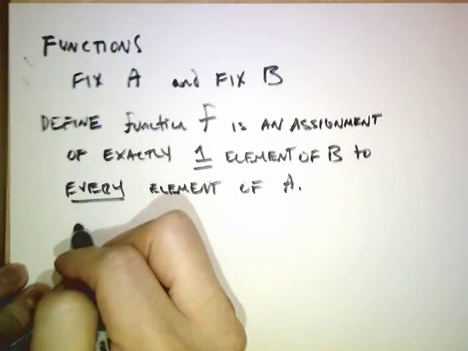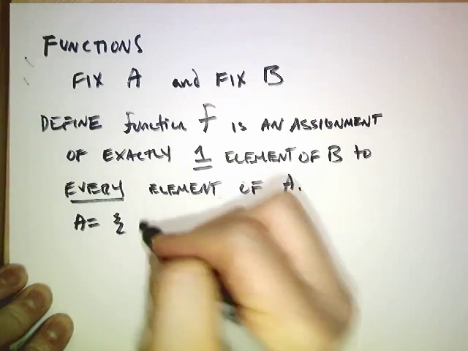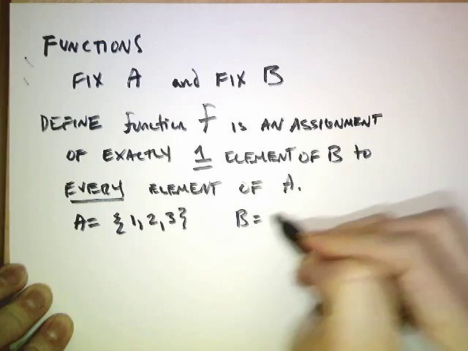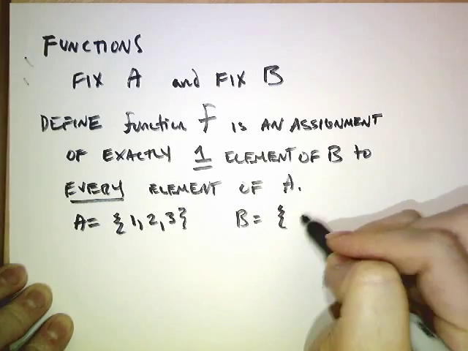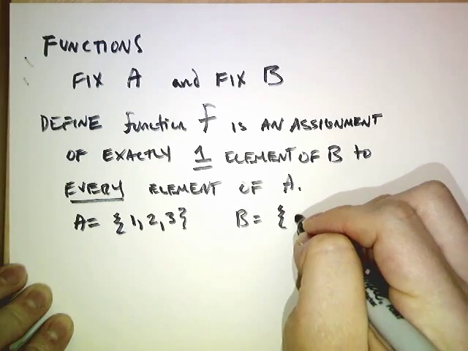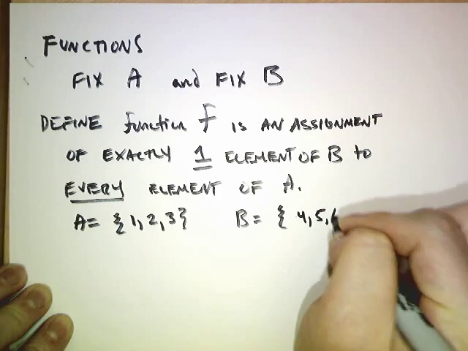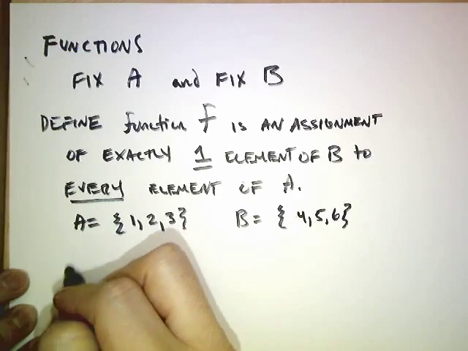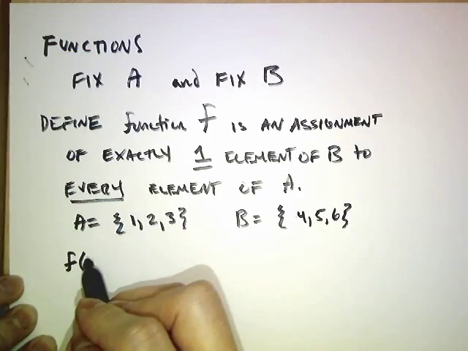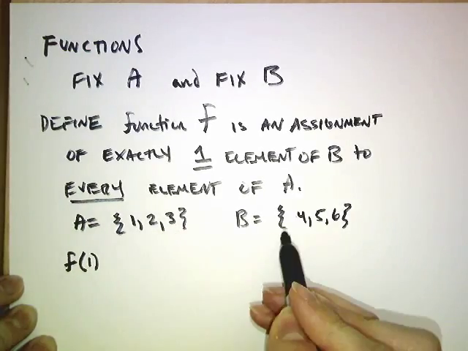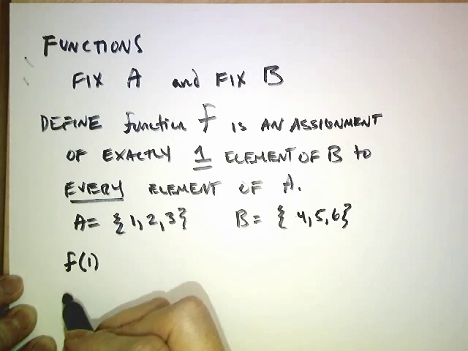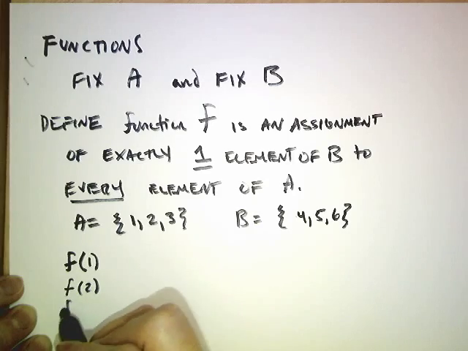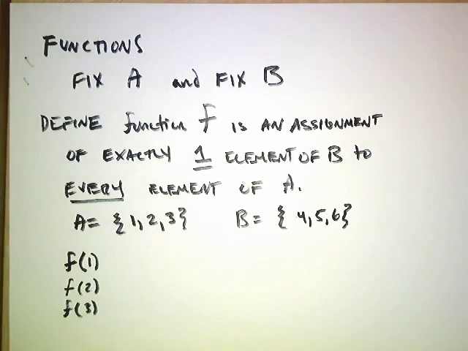So for example, if A is the set 1, 2, 3, and B is the set 4, 5, 6, then here's an example definition of a function. We have to assign one element of B to every element of A. So we need to write down what f of 1 is, what f of 2 is, and what f of 3 is.